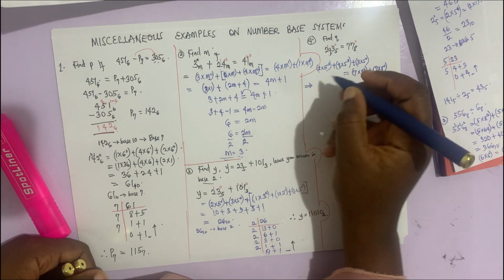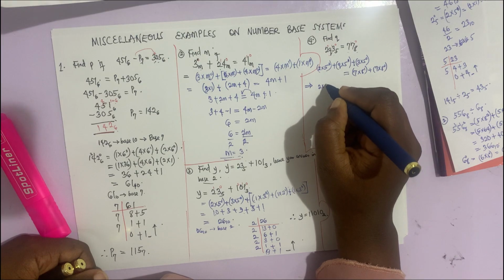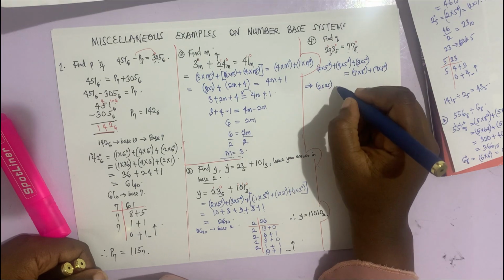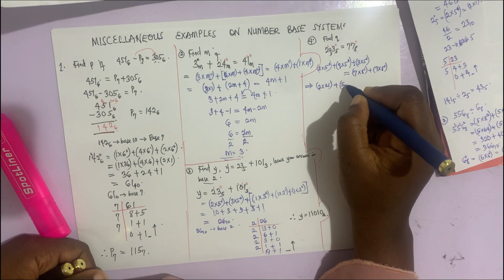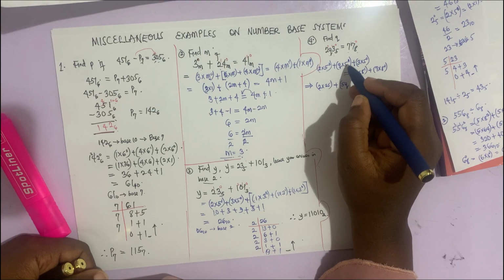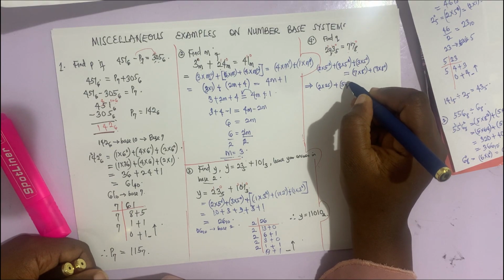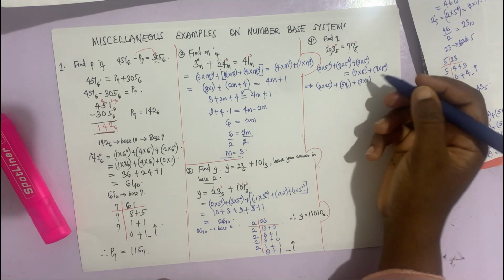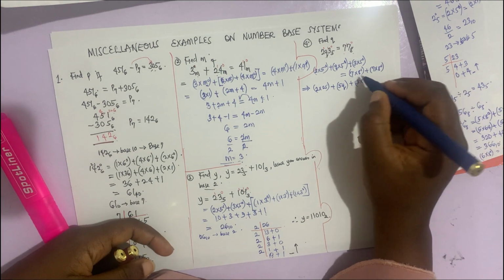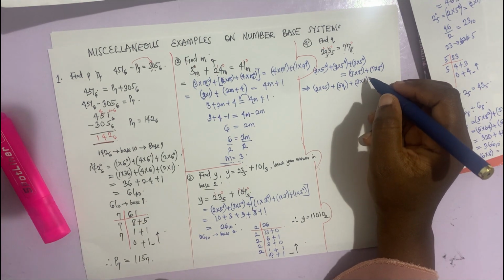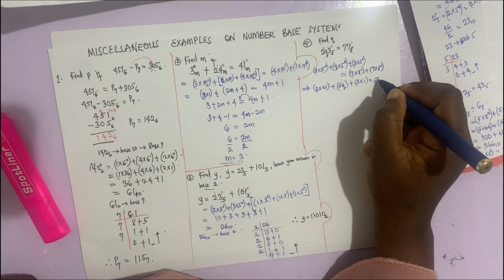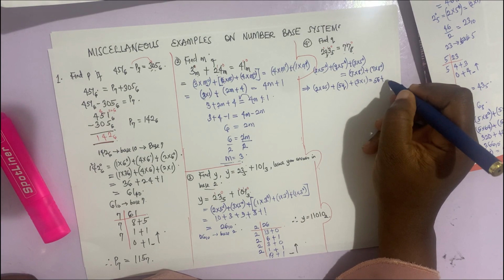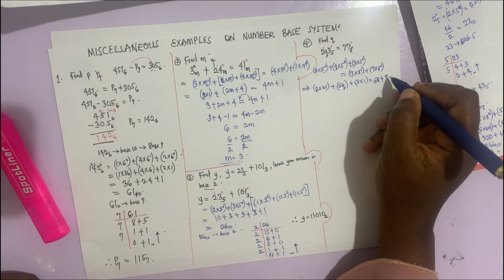And this will give us 2 times 25, plus 5q, plus 3 times 1, equals 7 times 8, which gives us 56, and 7 times 1, which gives us 7.